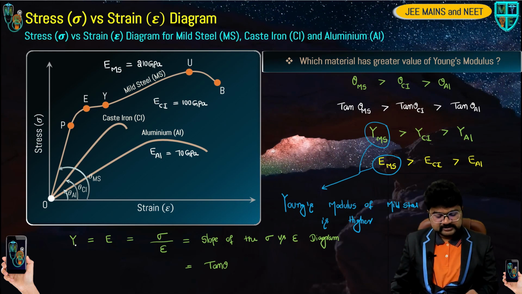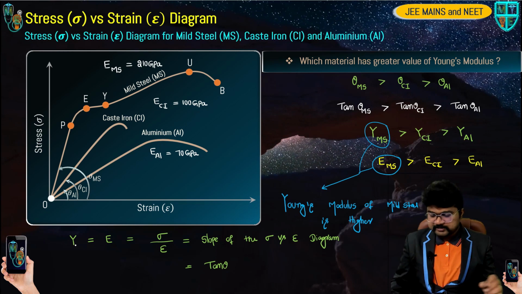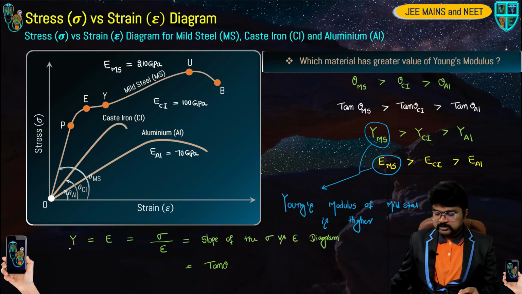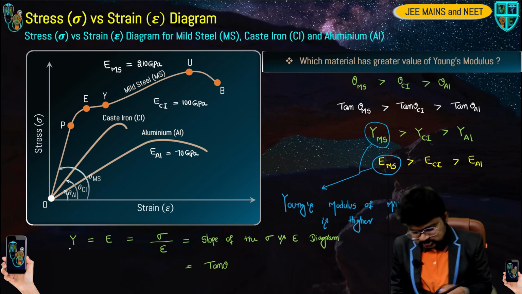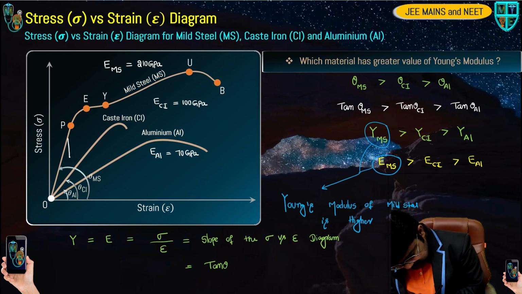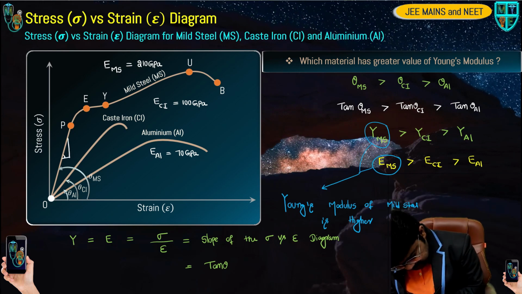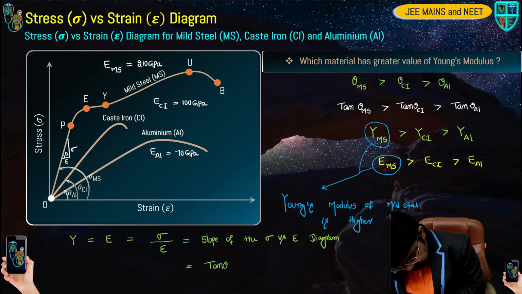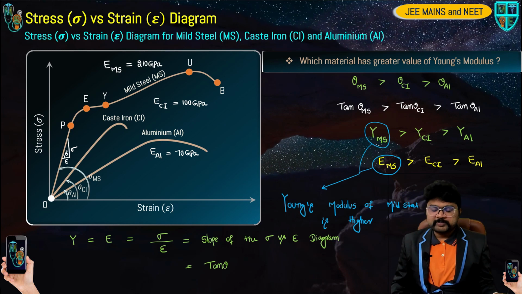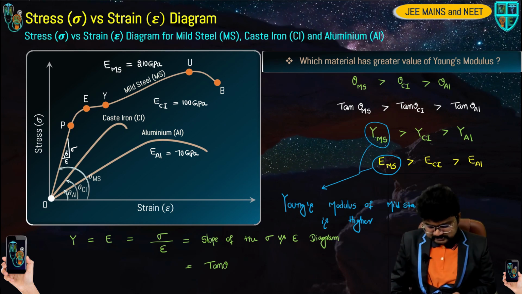Okay, one important thing here is that Young's modulus is the slope of the stress versus strain diagram. For the line, here you will be getting the slope. This is the stress and this would be the strain, theta. Slope equals sigma by epsilon.